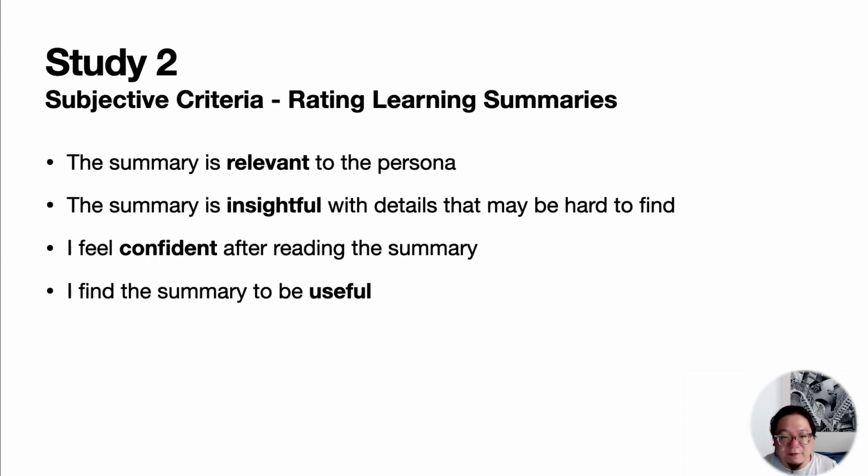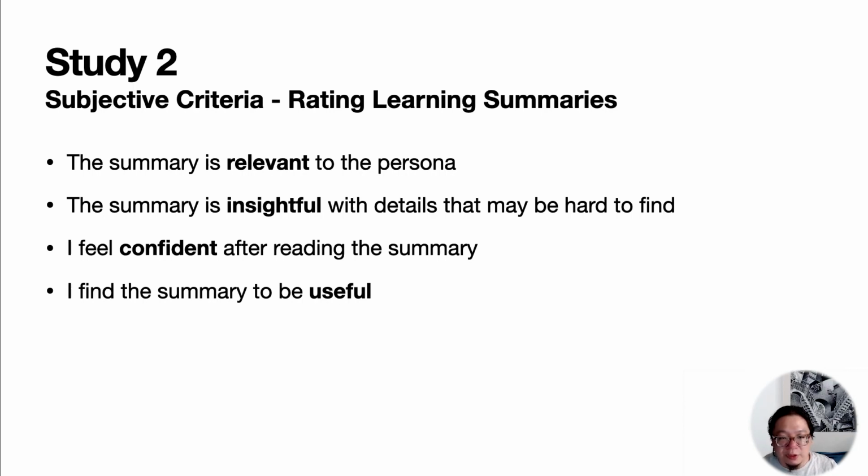The third one was confidence, which we used as a proxy for measuring how well it can support decision-making. And then the fourth one was usefulness, which we use as a general quality control measure. Each of these was rated using a 7-point Likert scale for agreement by 5 crowd workers. And then we took the average as the final score for each aspect.